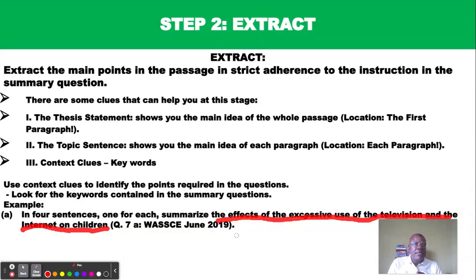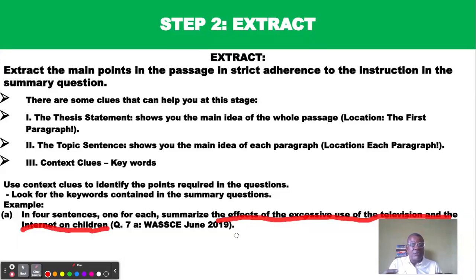But once you come across where the writer begins to discuss this, then the next thing you do is, once you come across the first effect, you are asked to summarize the four effects in 4 sentences, one for each, which means there are 4 effects, and you are going to present these 4 effects, or these 4 consequences, if you like, in 4 sentences.